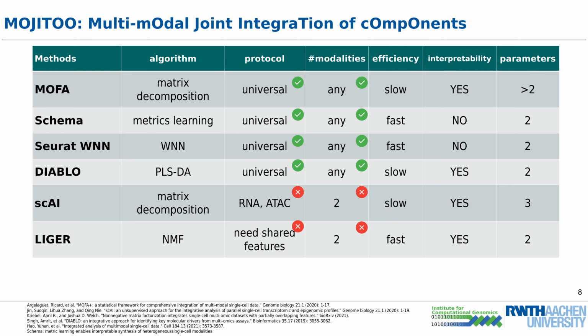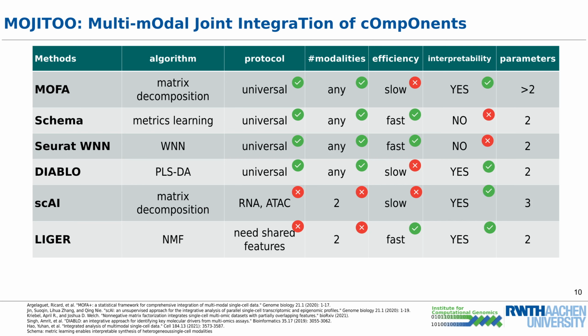When it comes to the number of modalities that a method can work with, some methods only work on 2 modalities, and some others can work on any number of modalities. The efficiency is also one important aspect. Here we can see MOFA, DIABLO, and SCA are too slow. It is a challenge for them to integrate large datasets.